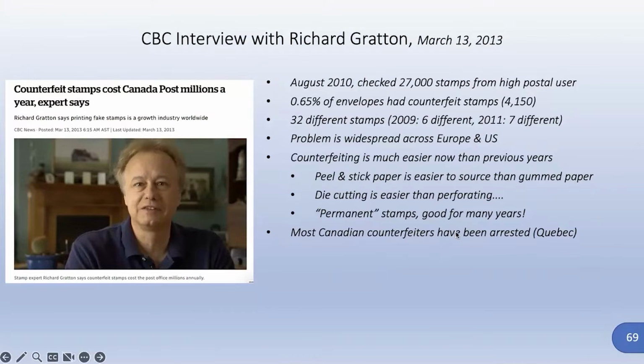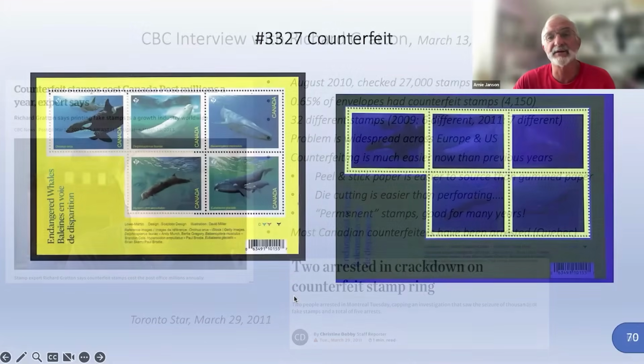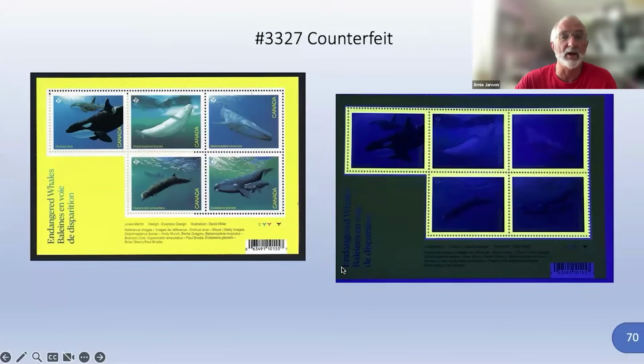So in going with the peel and stick options, presumably in both Canada and the US, the postal authorities have unwittingly made counterfeiting easier and far more profitable, because the stamps now last for many years. They say most Canadian counterfeiters have been arrested in Quebec, but there's still a lot of foreign involvement. And so foreign people in China are generating them. This is a wonderful, wonderful counterfeit. You really can't tell the difference now between the genuine and the counterfeit.